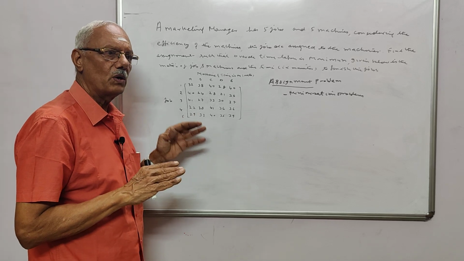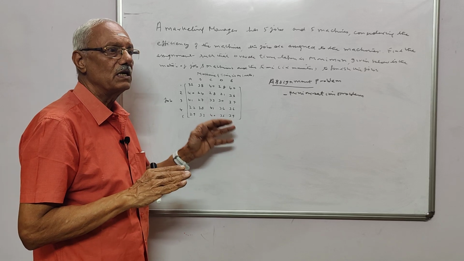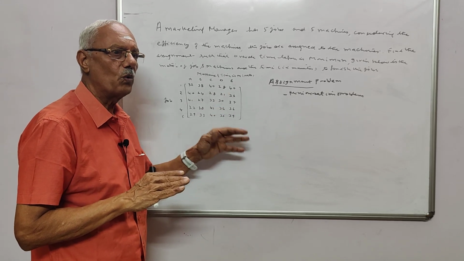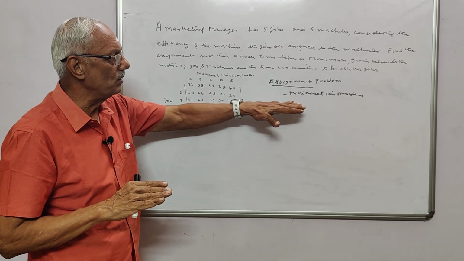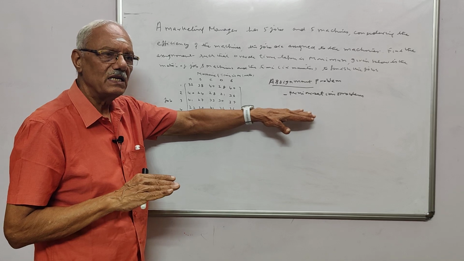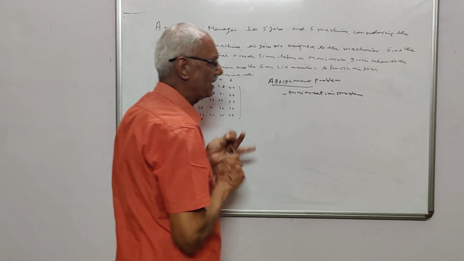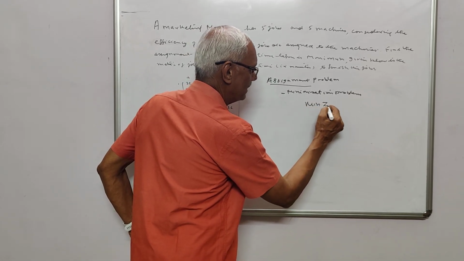So here our idea is to assign the jobs to the machineries in such a way that the overall time taken is minimum. And this assignment problem is a linear programming problem, because the assignment problem is given like this. It is minimization of z.